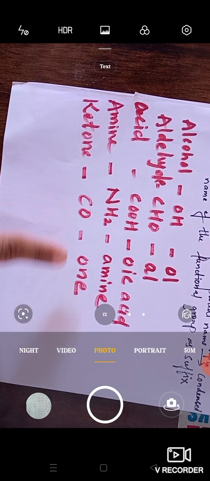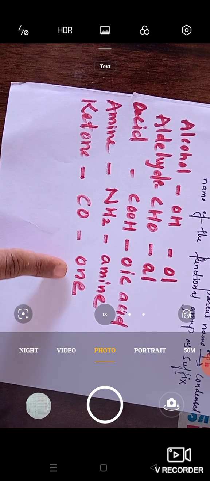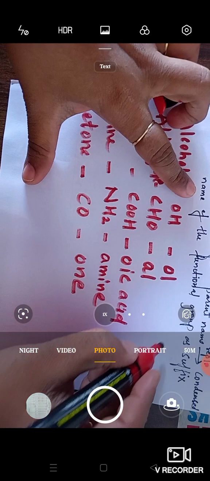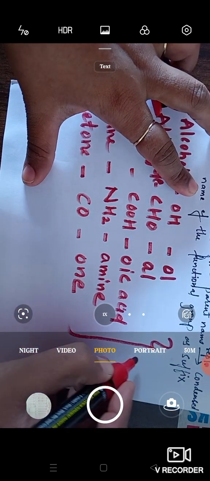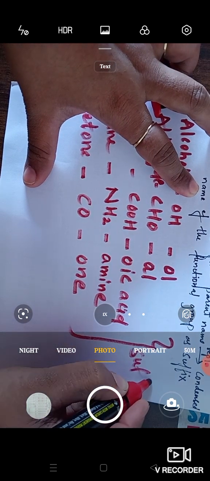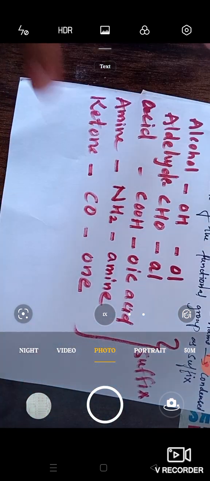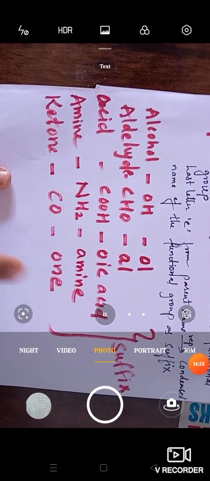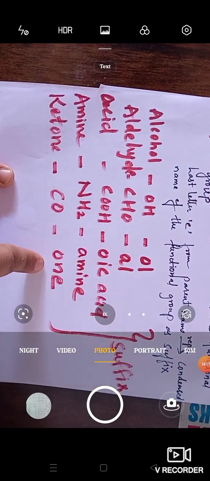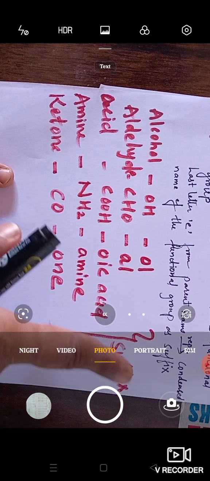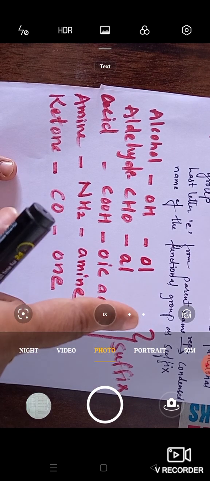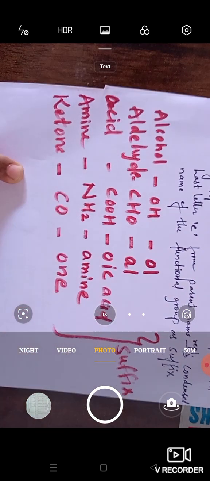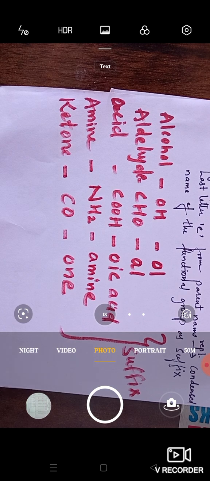And if CO, that is a ketonic group, is present, it will get replaced by "one". And all these functional groups are used as suffix. Now what is a suffix? We have already learned this in English. These functional groups' condensed names will be written at the end of the parent name by replacing the last "e" of the parent name. We will use this as a suffix.